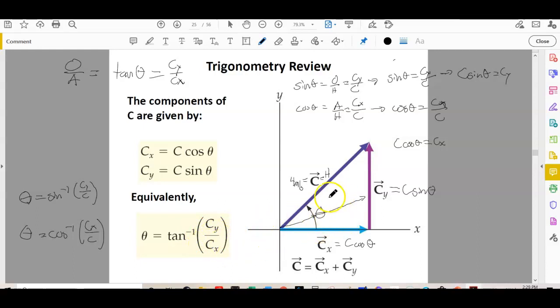In order to get the length of this, you would do c is equal to the square root of cx squared plus cy squared. So usually what happens is you're given c and theta, and then you have to find cx and cy.